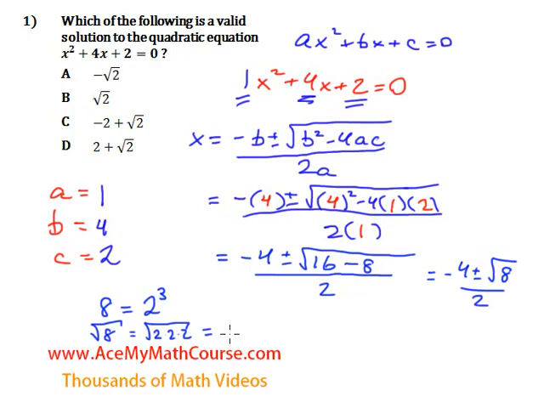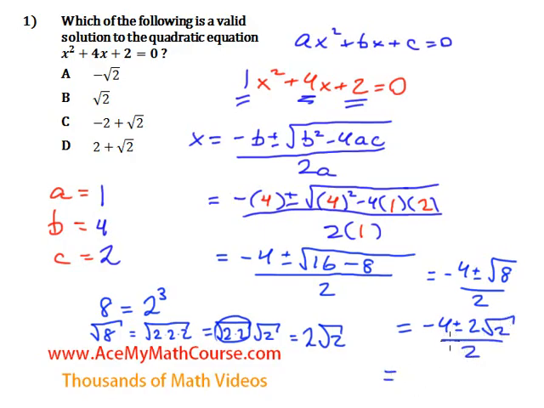So I can break this down as the square root of 2 times 2 times the square root of 2. 2 times 2 is 4, so the square root of 4 is just 2. I took the long way around to get to this. So the square root of 8 is 2 times the square root of 2. Fantastic.